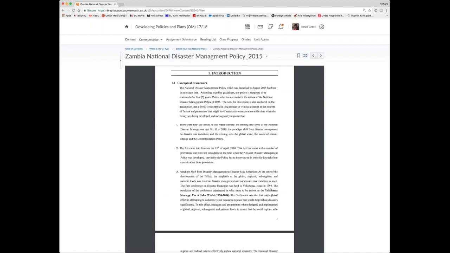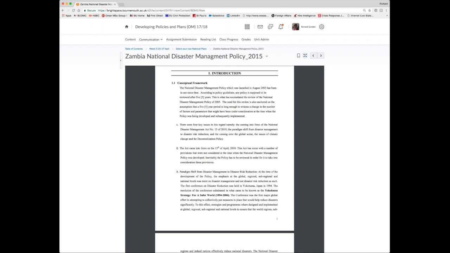So here we've got, firstly, an introduction. And the important point, which I'm asking you to think about in your master's essay, is: what is the relationship between a policy and the plan? And in many ways, do you need to define it in a good emergency plan?